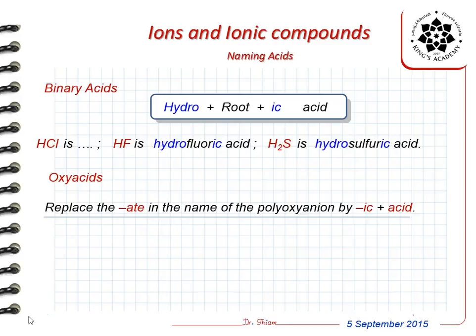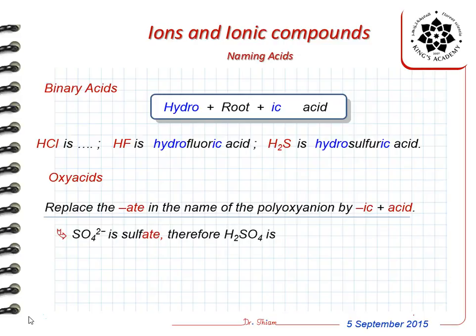So the names of oxyacids are based on the name of the polyoxyanions. Now remember that polyoxyanions have names that end with ATE or ITE. Now if the name of the polyoxyanion ends with ATE, we replace the ATE by, again, ic, and we add the word acid.